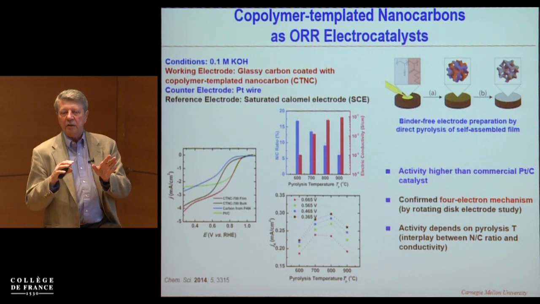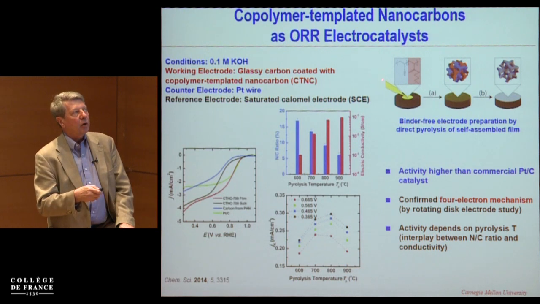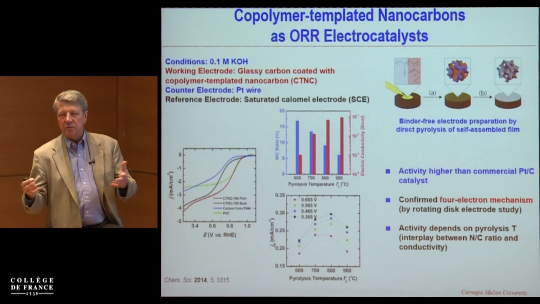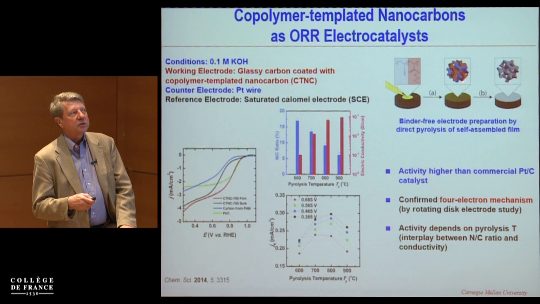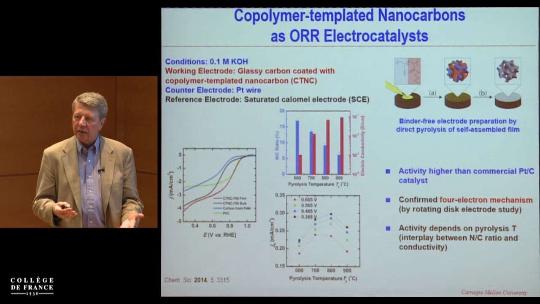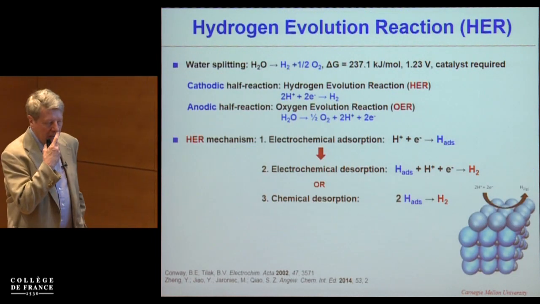There is practically no filler in it, so you can make a drop of block copolymer solution and then deposit it on, in that case, a glassy carbon electrode, and develop this bicontinuous structure directly on the system, so it has a high porosity and high performance.